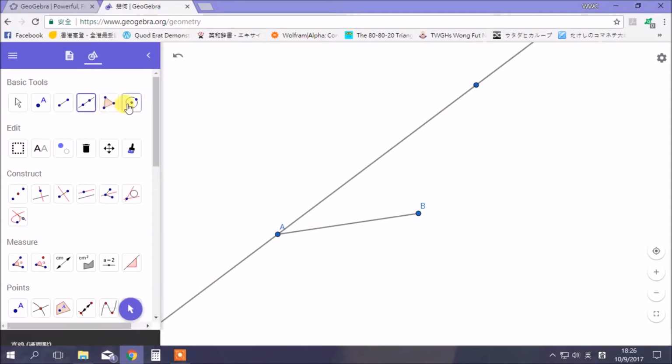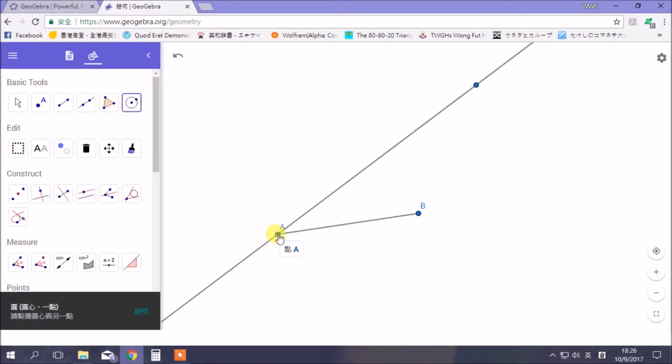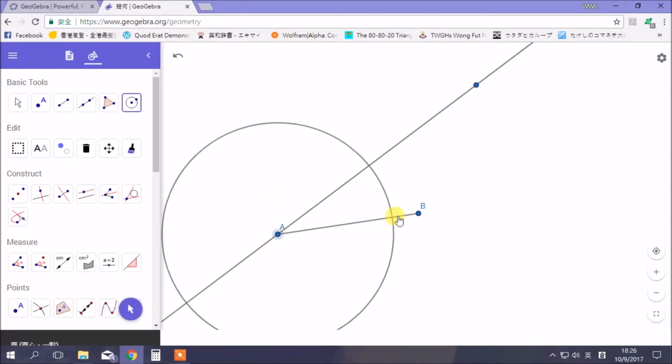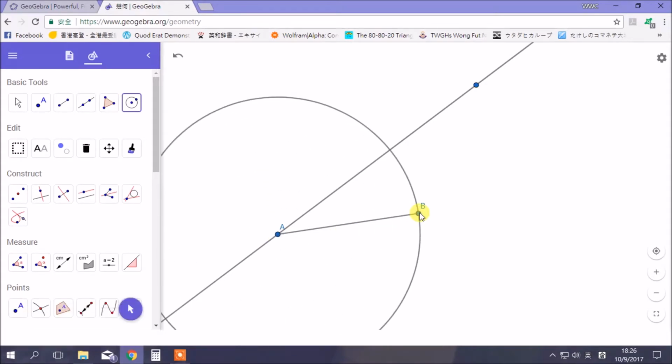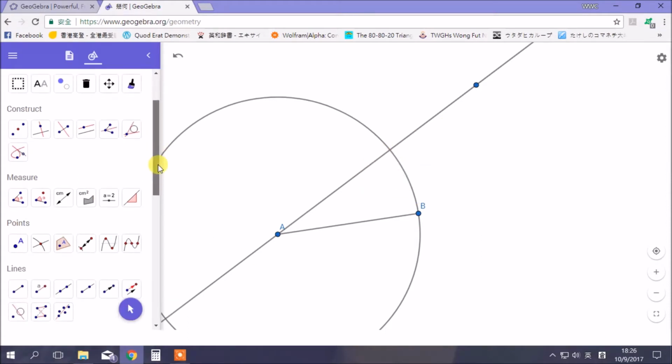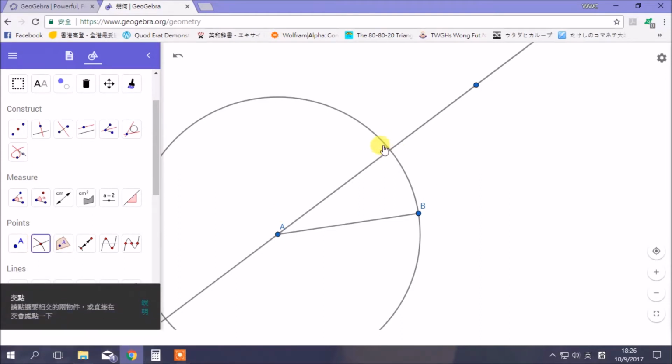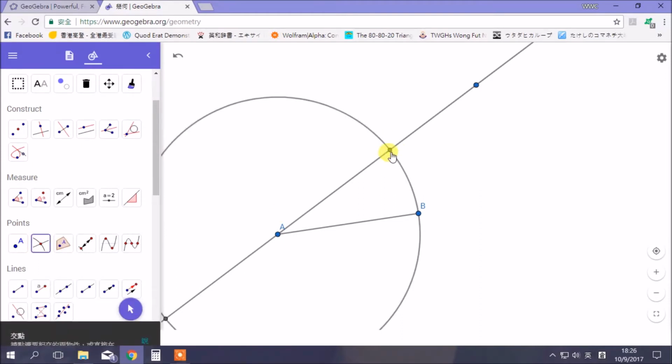Then I use the compasses to draw a circle centered at A through B. Then you can easily see that the circle passes through the line at the point here. If I mark this point, for example, as E, AE and AB share the same length because they are radii of the circle.